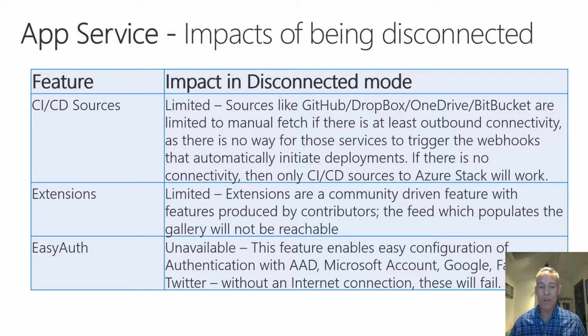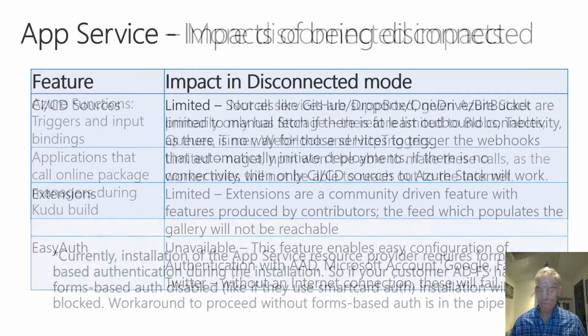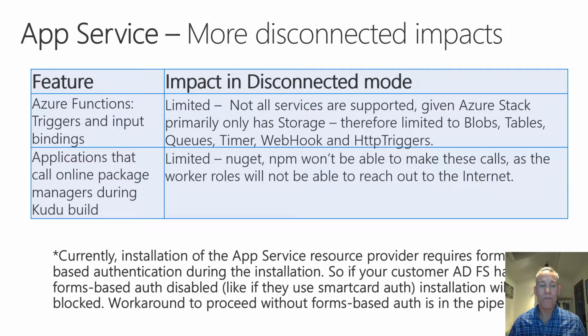So if you're disconnected, often the extensions are produced by contributors and the feed that populates the gallery item will be unavailable. And functions, there's some limitations to the way that Azure functions are available in a disconnected scenario. And if you use Kudu for web deployment, again, things like NuGet won't be able to make the calls as the worker roles inside the app service won't be able to reach out to the internet.